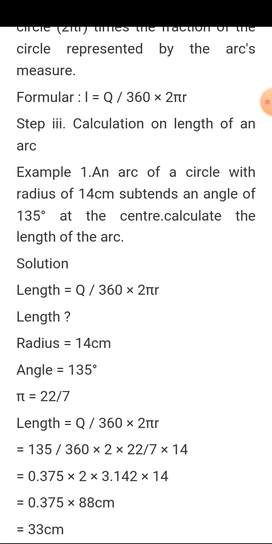Calculate the length of the arc. The question again. An arc of a circle with radius of 14 cm subtends an angle of 135 degrees at the center. Calculate the length of the arc.